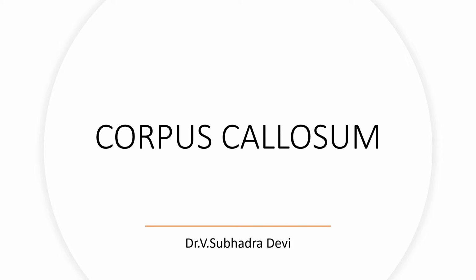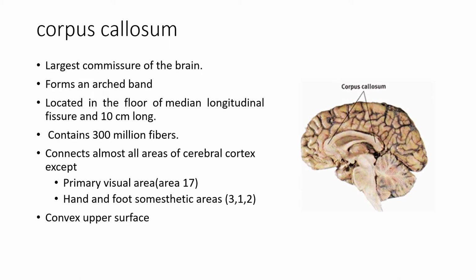Now we will discuss the commissural fibers, and the best example of the commissural fibers is the corpus callosum. Let us see what the corpus callosum is. It is the largest commissure of the brain and it forms an arched band.